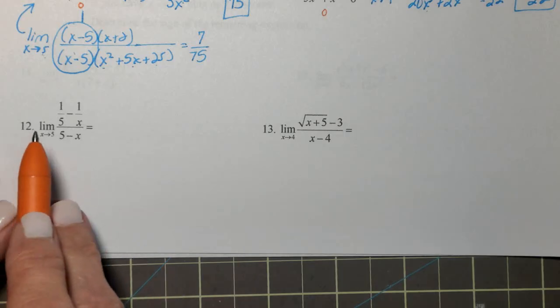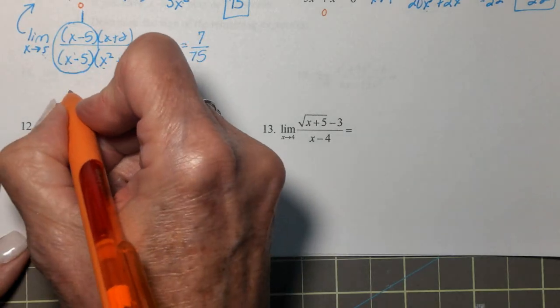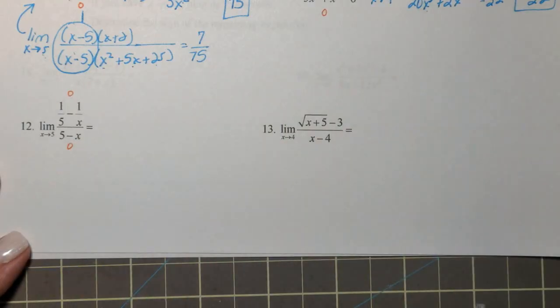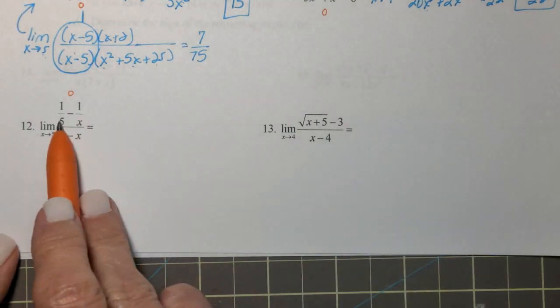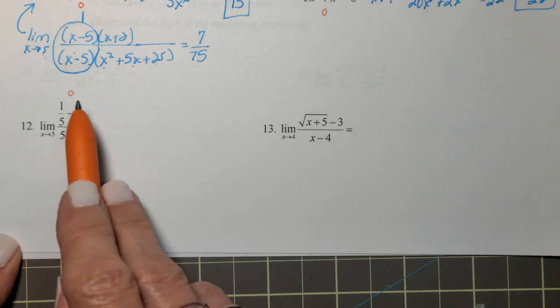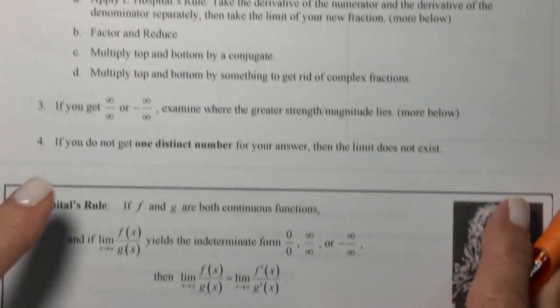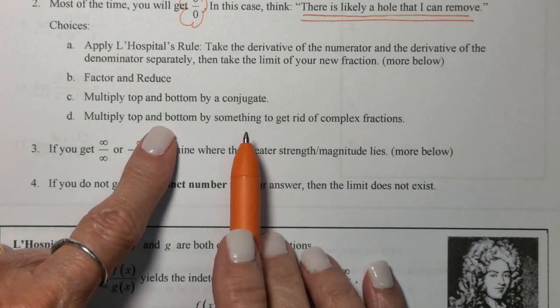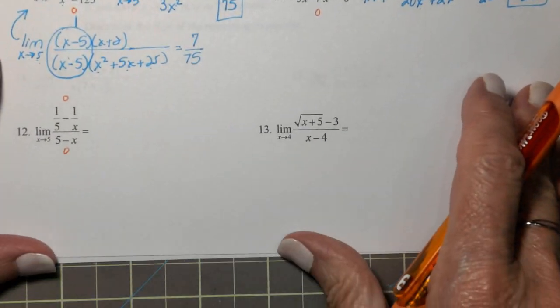All right, number 12. When I plug in 5 for x, I get 0 over 0. So my choices are L'Hopital's rule, or in this one, I'm not going to factor and reduce. This is a complex fraction. So I can use L'Hopital's rule or multiply top and bottom by something to get rid of complex fractions, right?